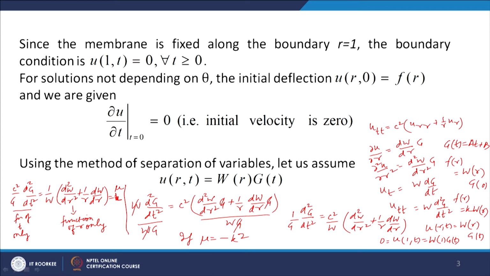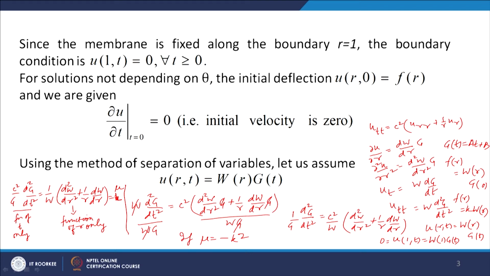So, w(1) equals 0. What we get is that the situations mu equal to 0 and mu greater than 0, that is mu equal to some constant k square, lead us to solutions which are not possible, because the boundary conditions that we are taking do not provide us a solution. They provide us only a trivial solution.